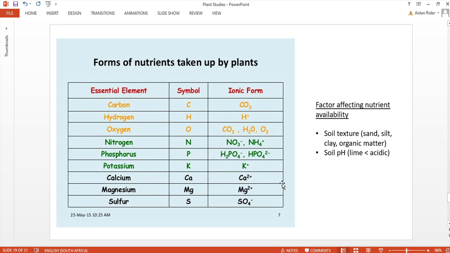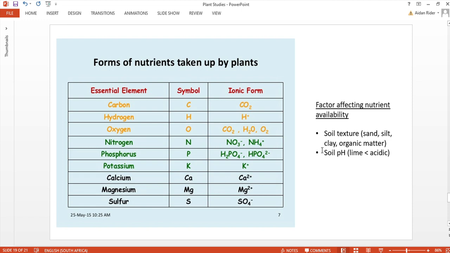Okay, so then factors affecting nutrient availability. What factors contribute to whether the plant can easily absorb these nutrients? First of all, soil texture affects it. If the soil is very sandy, the water can just wash away all the nutrients, and so in that texture, the nutrients will struggle to be absorbed by the plant. In clay soils, again, there's a lot of water, so the water holds on to the minerals, and it can also be a struggle to absorb.